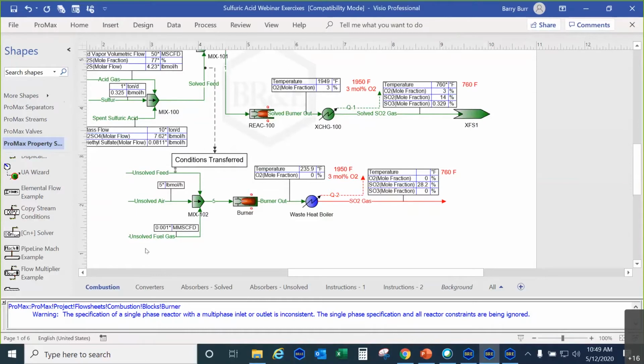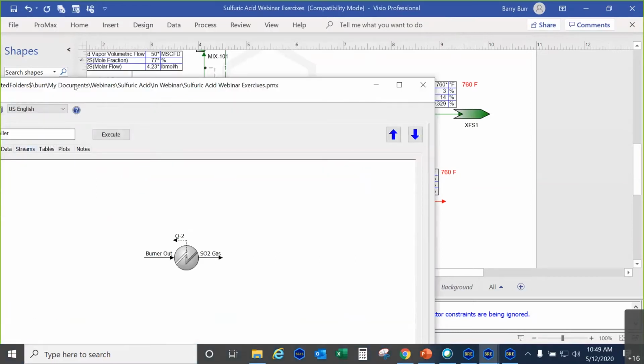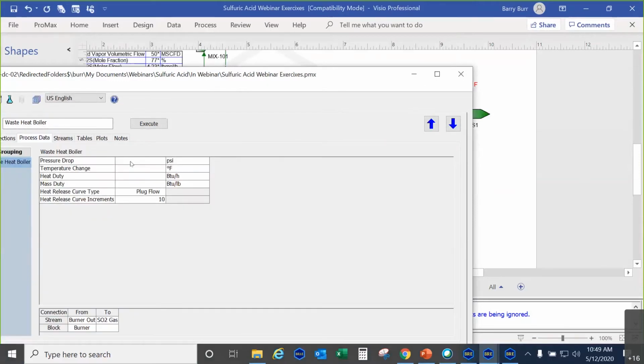So the next thing I want to do is specify the waste heat boiler. So inside the waste heat boiler, we only need to specify the pressure drop. And we want to have 0.5 psi pressure drop.